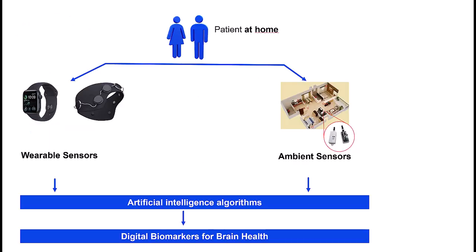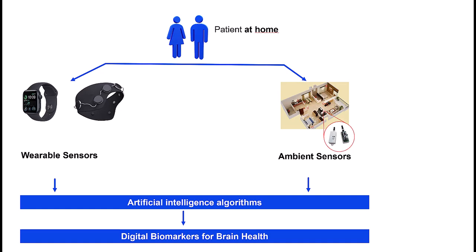Think about sensor technology. We obviously can apply this technology to patients that are at home, and we can use on one side the well-known wearable sensors, Apple Watch and others, here a bit more sophisticated head-mounted EEG device for sleep research.